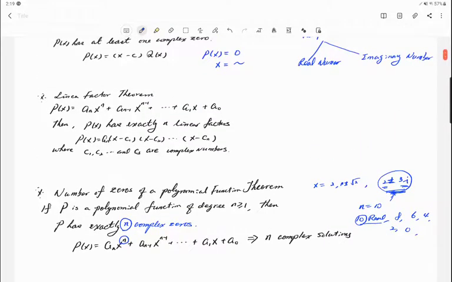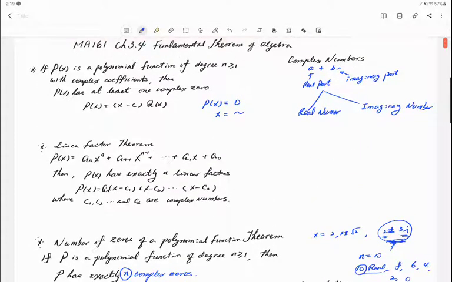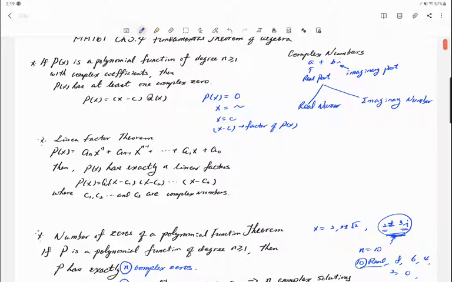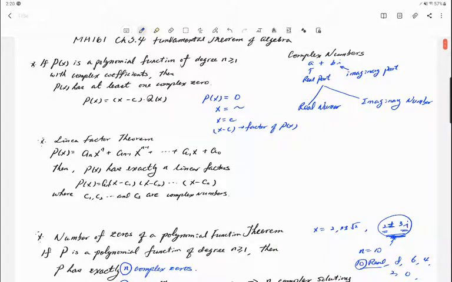The theorem is really simple. Let's say c is a solution. Then x minus c will be a factor of P of x. Make sense? We did this one last time. So if c is a solution, then we can write a factor x minus c times the quotient, when you divide P of x by x minus c.